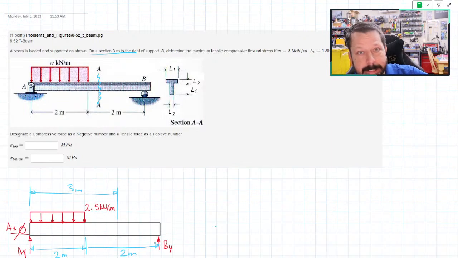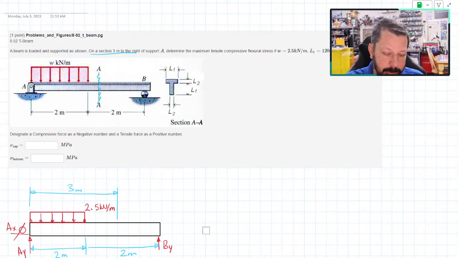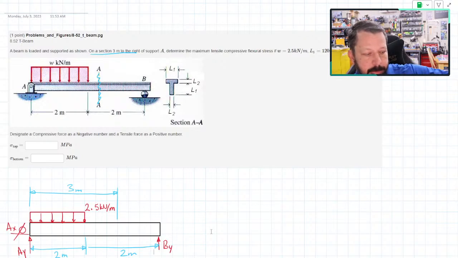So if it's on an exam, then faster is probably more important. In WebWork, you've got essentially as much time as you want, so maybe it doesn't matter so much. But in this case, it is set up to where we're intended to go and create a free body diagram right at that section AA, solve for the bending moment there, plug that into our stress equation.